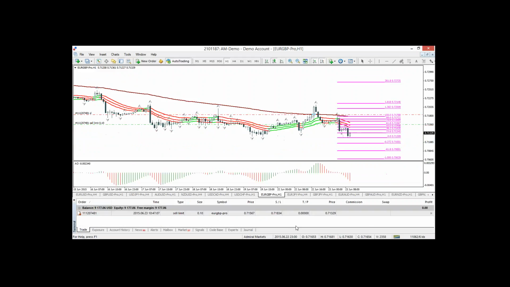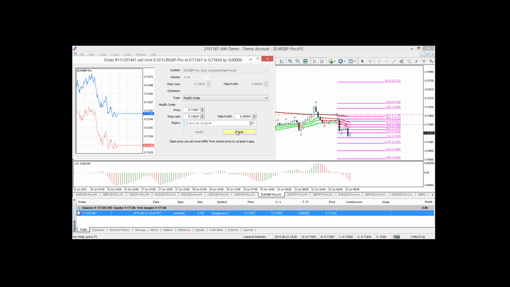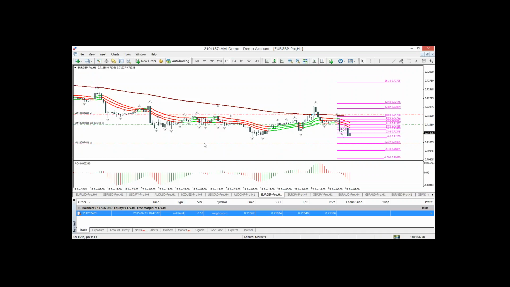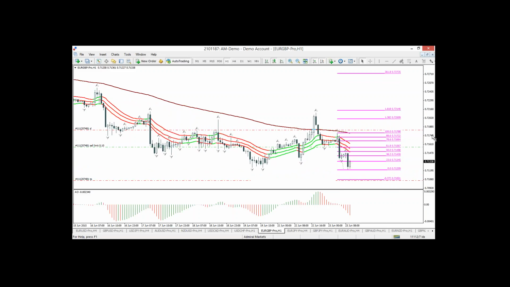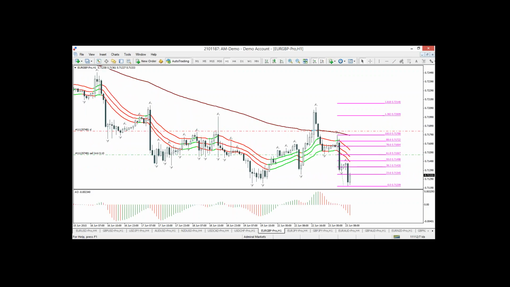I will probably put a target at 71.04. Something like that. Doesn't have to be a pending order.